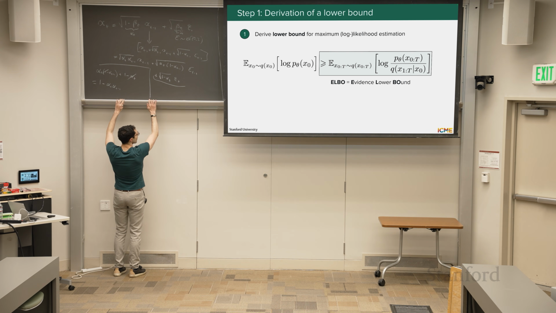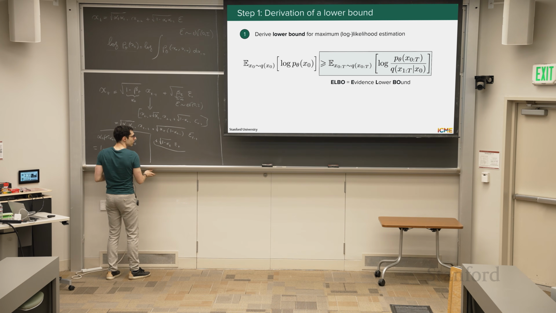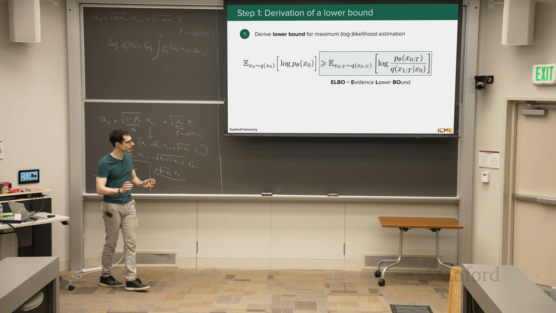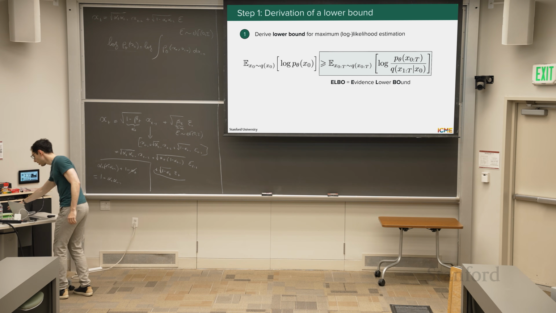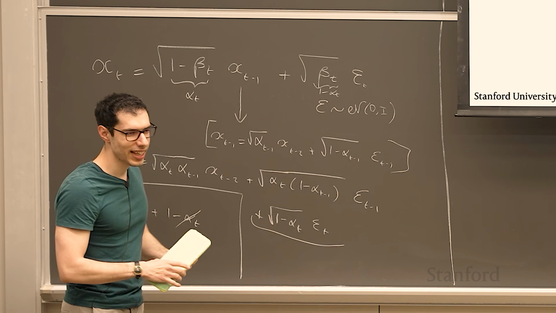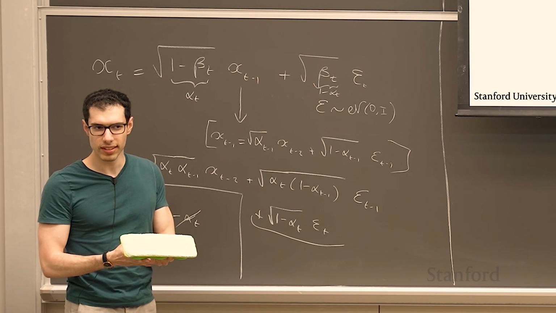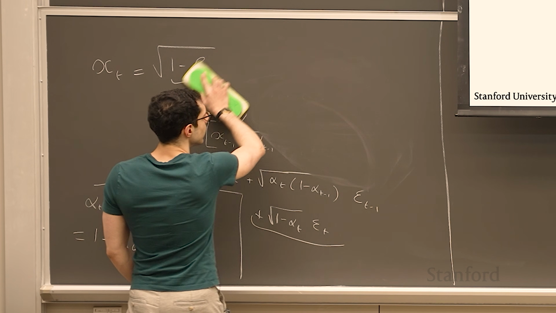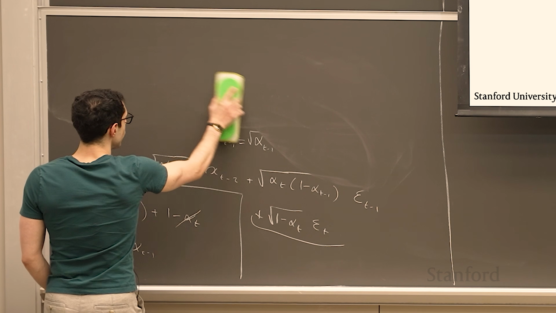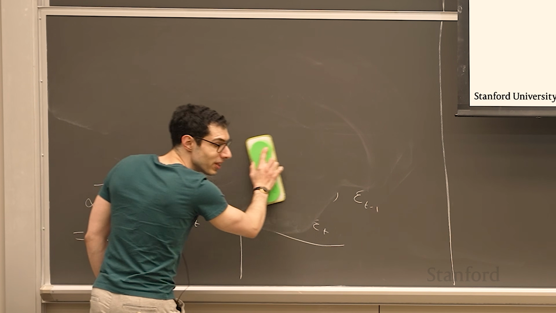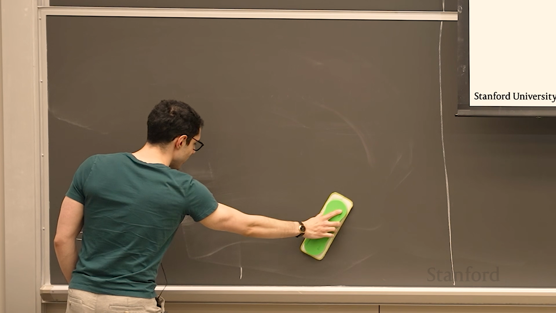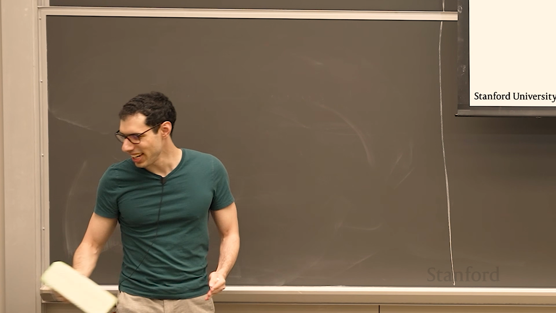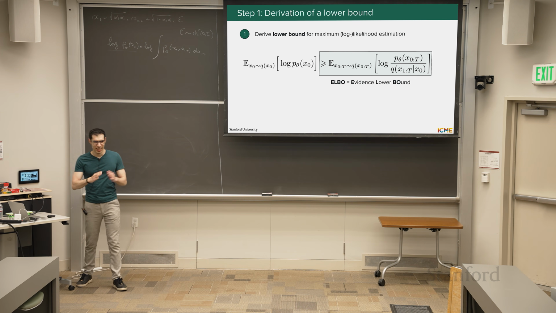So while I'm cleaning the blackboards, I just want to tell you about what the trick is. The trick is that we have our forward process that we have defined, so Q. And what we want to do is to have Q appear in our equation.